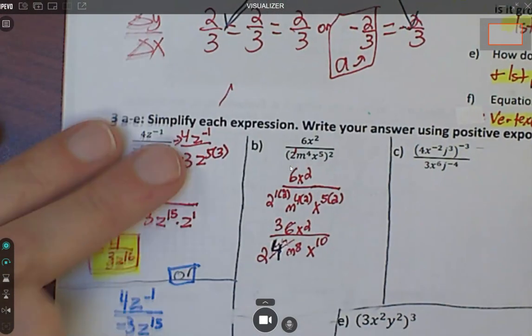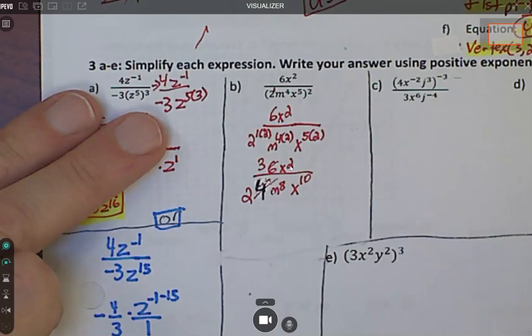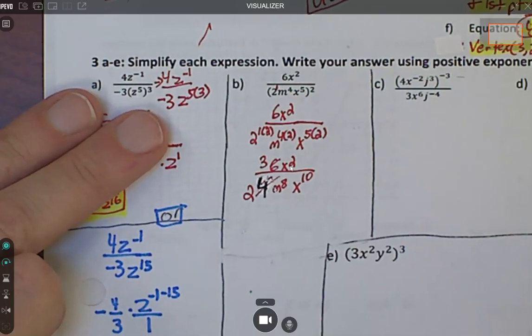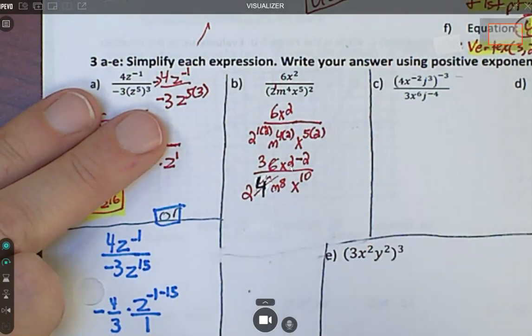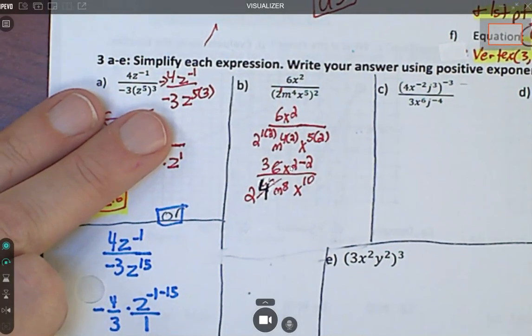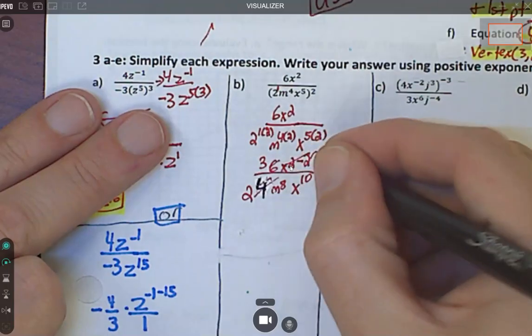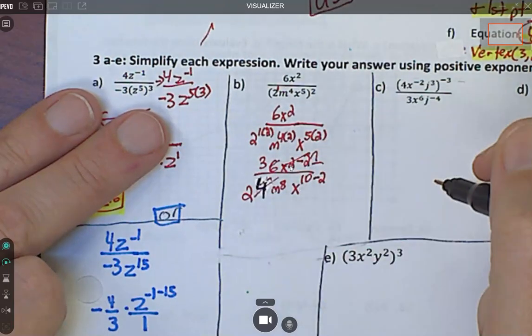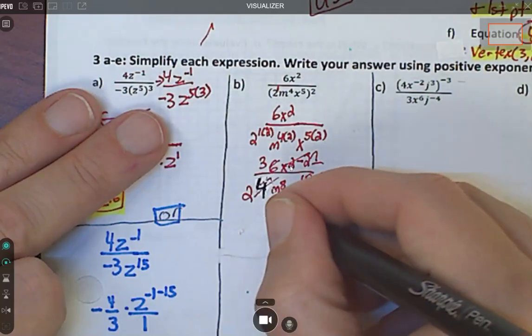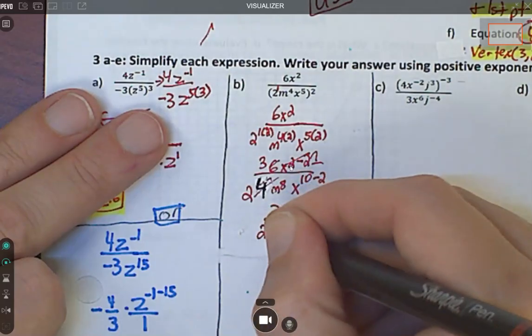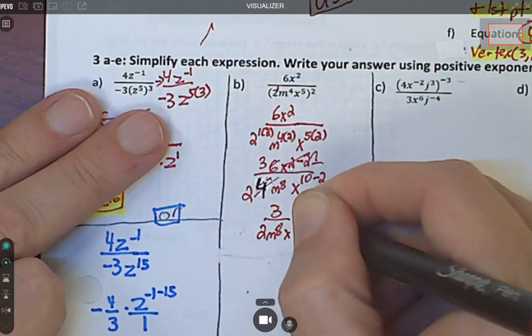Okay, I call this the factor it out way. I can factor 2 x's from the top, and that gives me x to the 0, which is 1. And I'll take 2 x's from there. Okay, now I have 3 over 2 m to the 8 x to the 8.